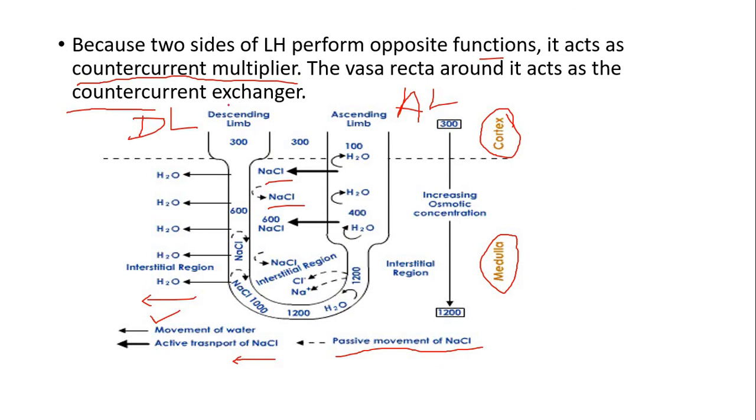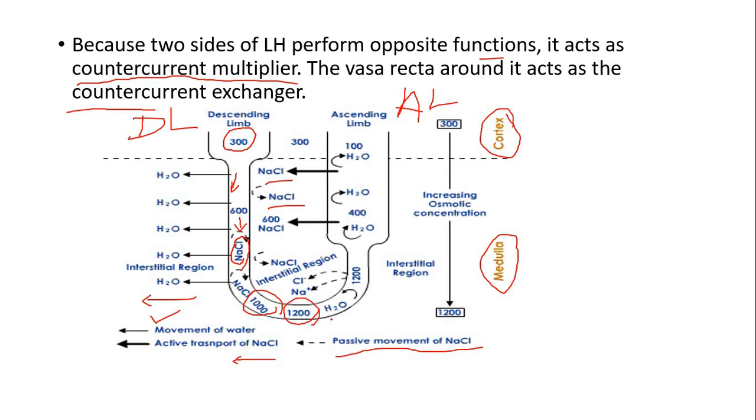When the filtrate enters the descending limb, the concentration is 300. Then you can see it gradually increasing. It becomes 600, the filtrate being mainly NaCl. Then it's 1000.